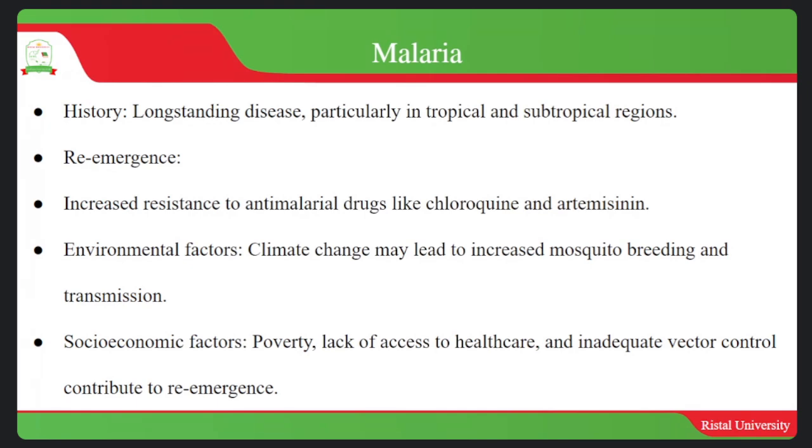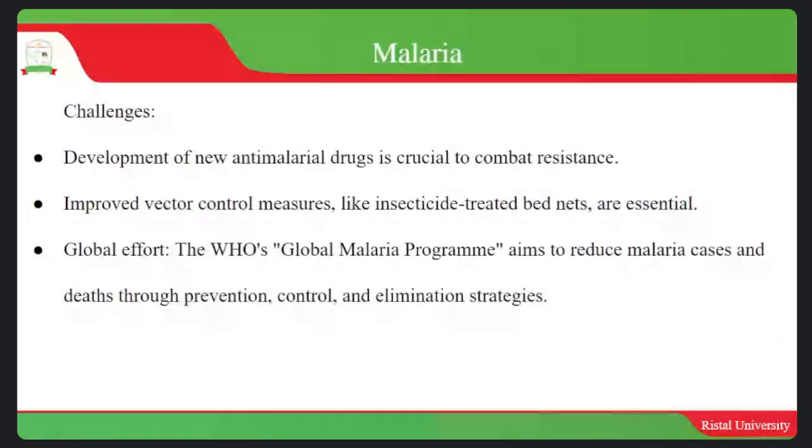Environmental factors such as climate changes may lead to increased mosquito breeding and transmission, and socio-economic factors, mostly poverty, which leads to lack of access to health care and inadequate vector control. All these contribute to re-emergence of malaria.